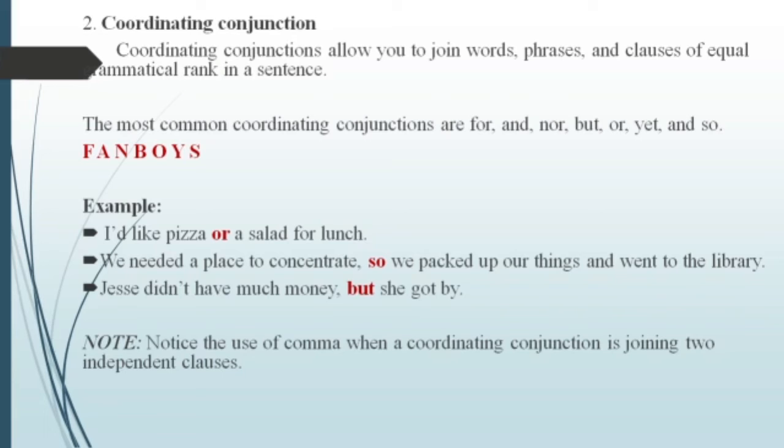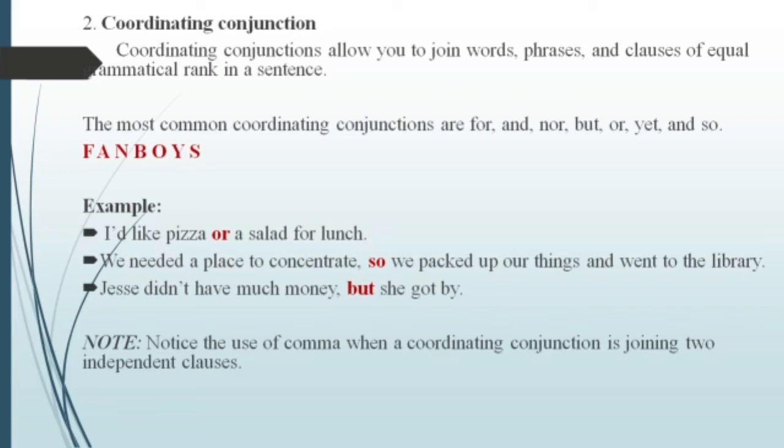Not like subordinating, where one is main and one is lesser, whereas coordinating is both are equal. "I would like pizza" is a complete sentence. "A salad for lunch" is also a complete sentence, joined by the word "or." I would like pizza or a salad for lunch, both sides of the sentence are equally independent and they can stand on their own, they don't require the support of the other sentence.